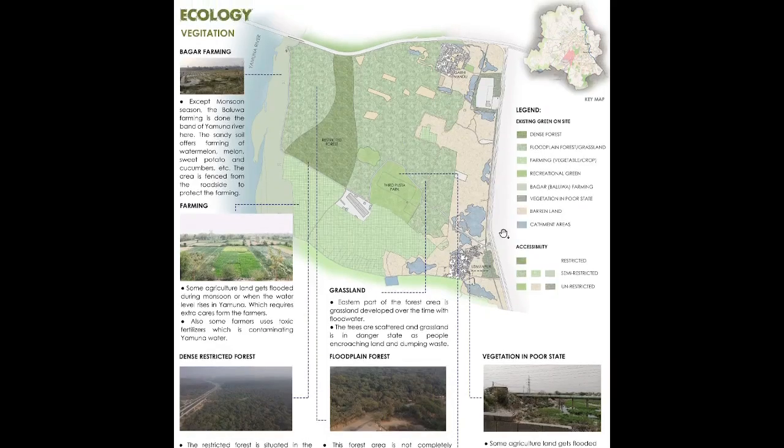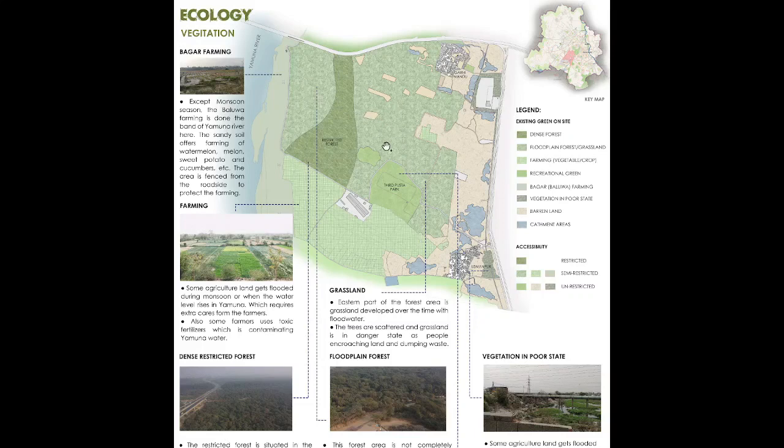Then coming on to the vegetation, vegetation mapping and ecology mapping was done, where I understood the ecological condition on the site. I came to know that this is a restricted forest with dense plantation, and there is a floodplain forest, that is this area and this area, where some fruit giving trees are planted.